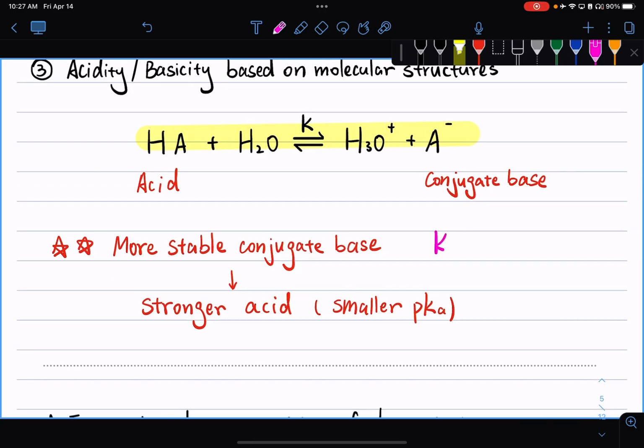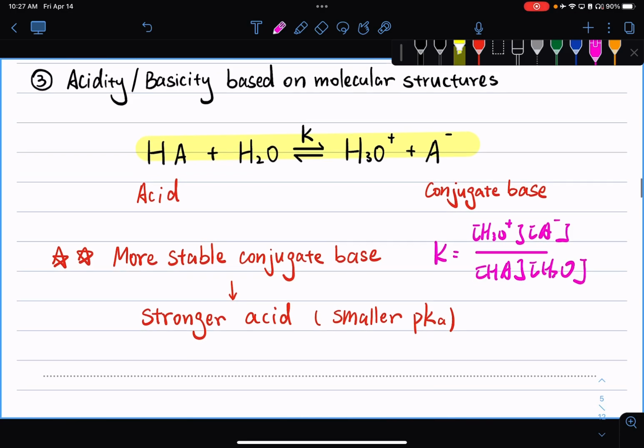So my K equals H3O+ times A- divided by HA and H2O. So a more stable conjugate base means you have a larger equilibrium constant, and that tells you the equilibrium is more moved towards the right-hand side. Your acid is more likely to dissociate. So keep that in mind. Stronger acid, more stable conjugate base, and vice versa, with a more stable conjugate base, you have a stronger acid. We'll use that concept a lot, so keep that in your mind.